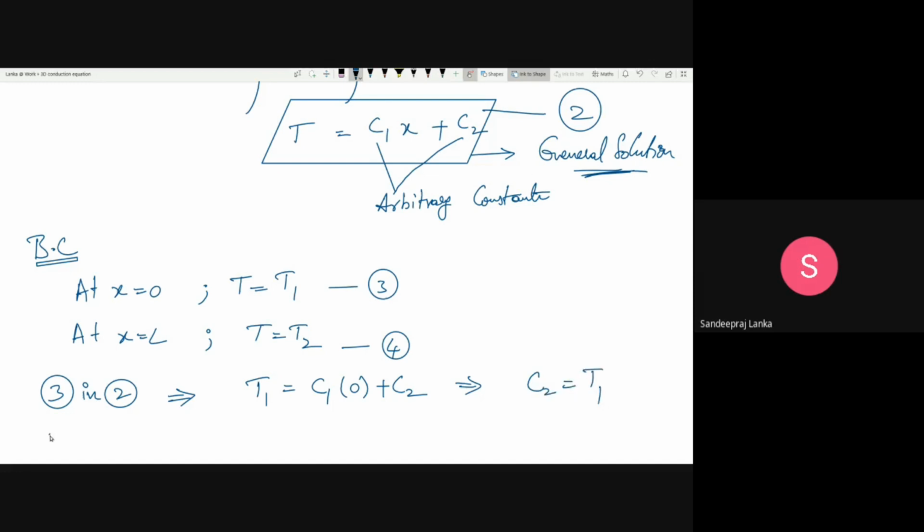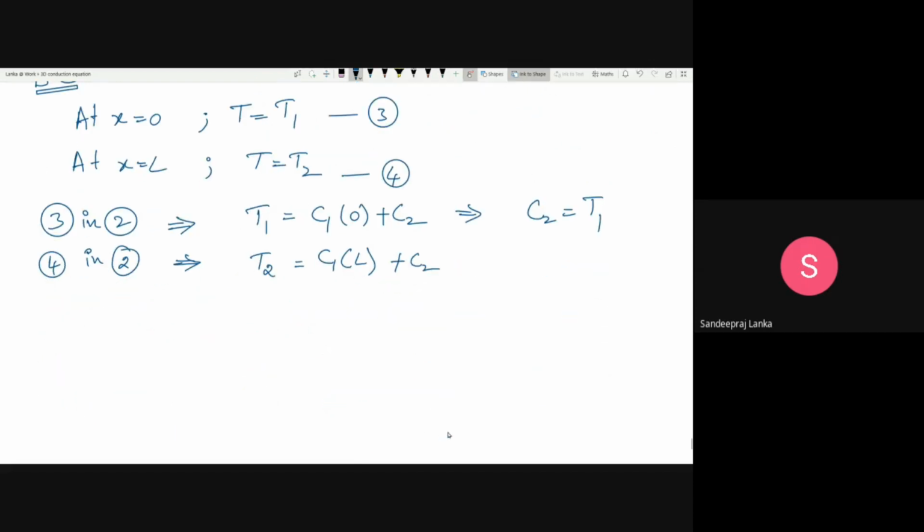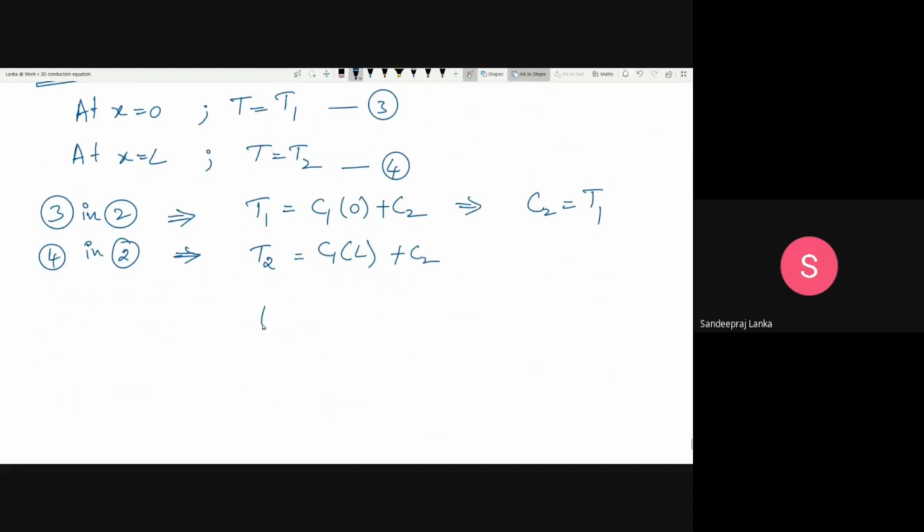And then if I substitute 4 into 2, I get T2 equal to C1 into L plus C2. So T2 is equal to C1 into L plus, and this C2 I can write as T1. So C1 will be equal to (T2 minus T1) by L.